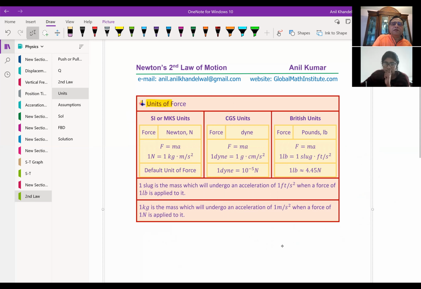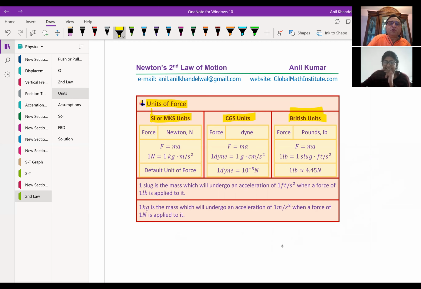Now let's look into the units of force. Worldwide, we use SI or MKS units. During our time, this transition was taking place. The CGS system was there and the British unit system was also there. Most difficult for us while doing engineering was to work with the British units. They are still crazy, right?